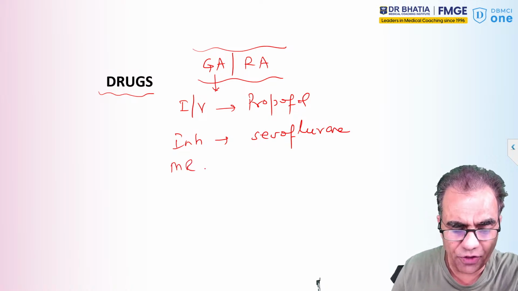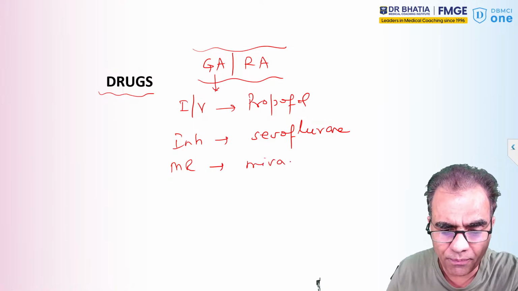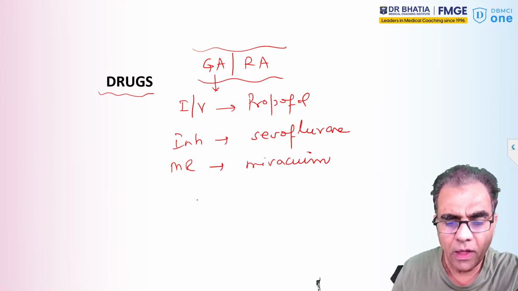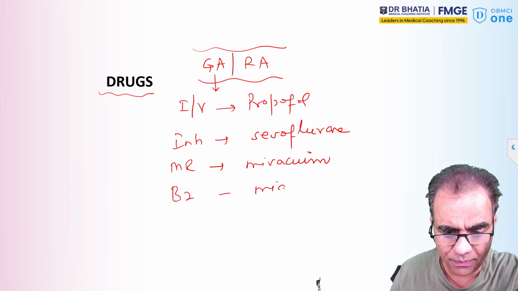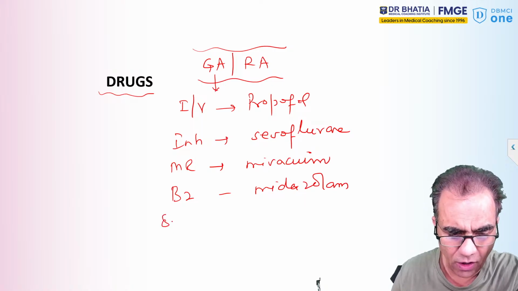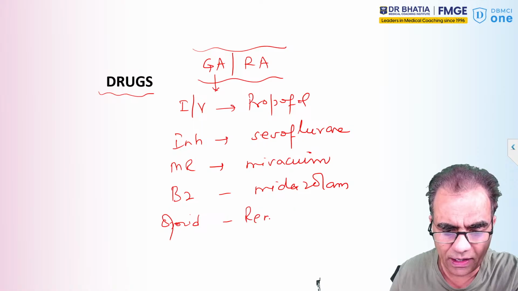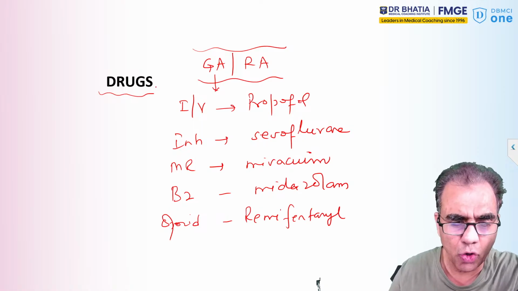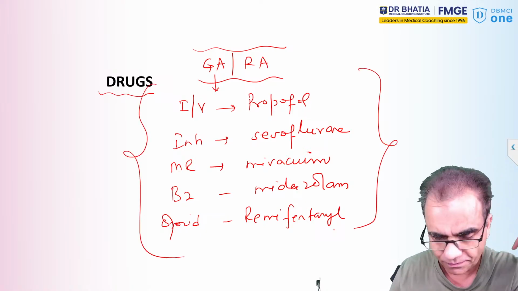The muscle relaxant you are supposed to use is mivacurium. The benzodiazepine is midazolam, and the opioid is remifentanil. So these are the groups of drugs which you should select for daycare surgeries.